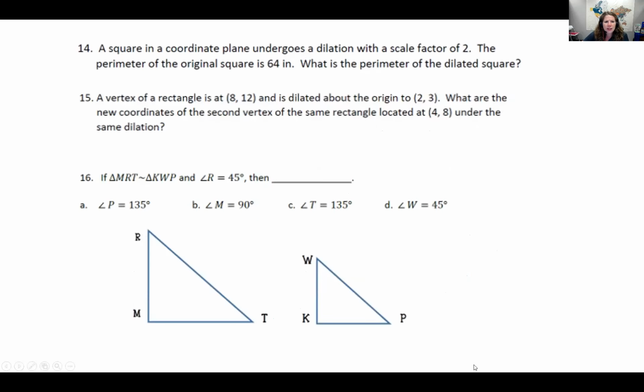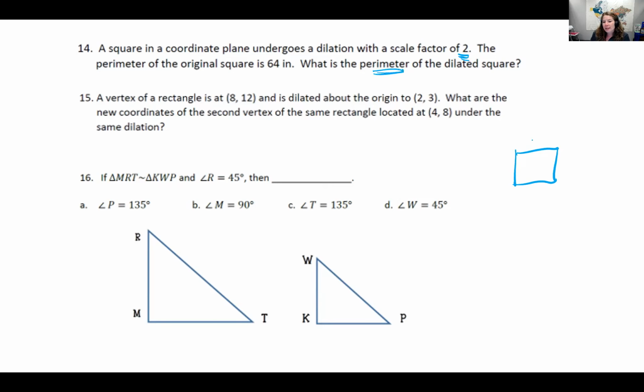Oh my goodness, y'all. A square in a coordinate plane undergoes a dilation with a scale factor of 2. The perimeter of the original square is 64. What is the perimeter of the dilated square? Well, if we multiply each of the sides by 2, then how much bigger is the perimeter going to be?